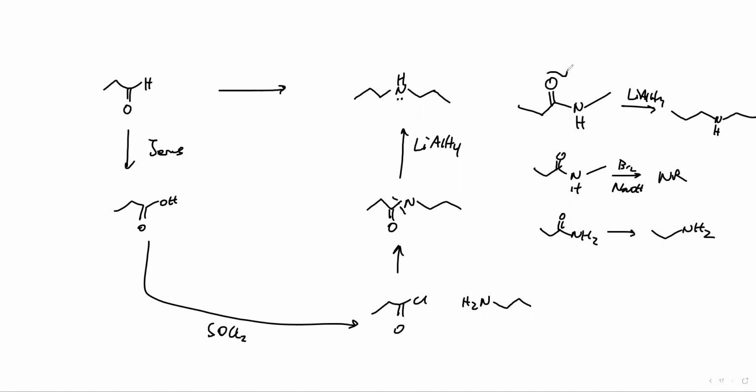So I guess you could say this is being replaced with H, but this whole group here is being replaced with NH2. So if you wanted to make an amine that lost a carbon, you use Hofmann. If you're making an amine that keeps all its carbons, where the carbon skeleton is the same, then you want to use lithium aluminum hydride.